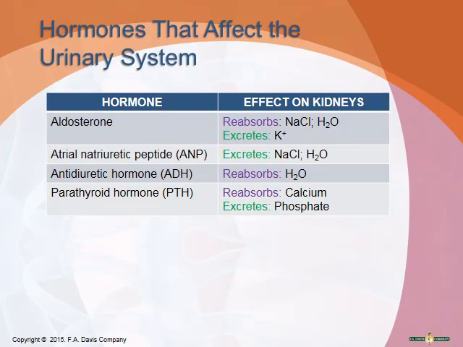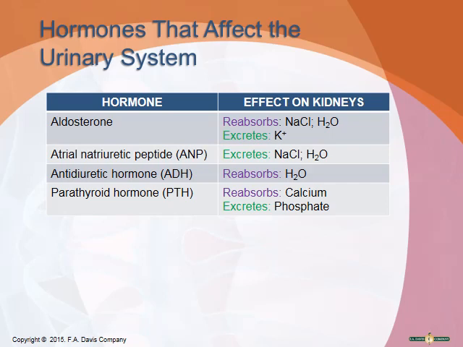So the hormones that affect the urinary system: aldosterone comes from the adrenal cortex and causes the kidneys to reabsorb sodium and therefore water, and therefore increases blood volume and blood pressure. And there's an excretion of potassium under the influence of this hormone.